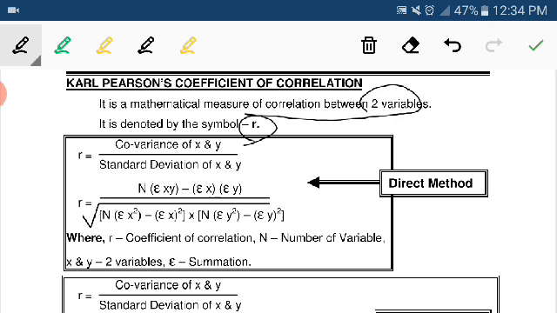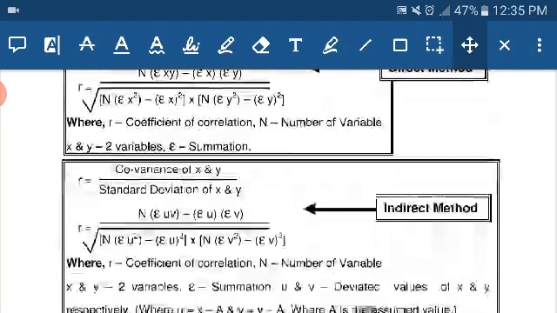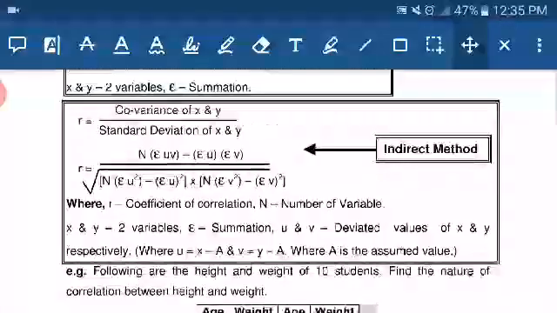The formula is: r equals n summation of xy minus summation of x into summation of y, divided by the square root of n summation of x squared minus (summation of x) whole squared, into n summation of y squared minus (summation of y) whole squared. Then r can be found by the indirect method and the direct method.